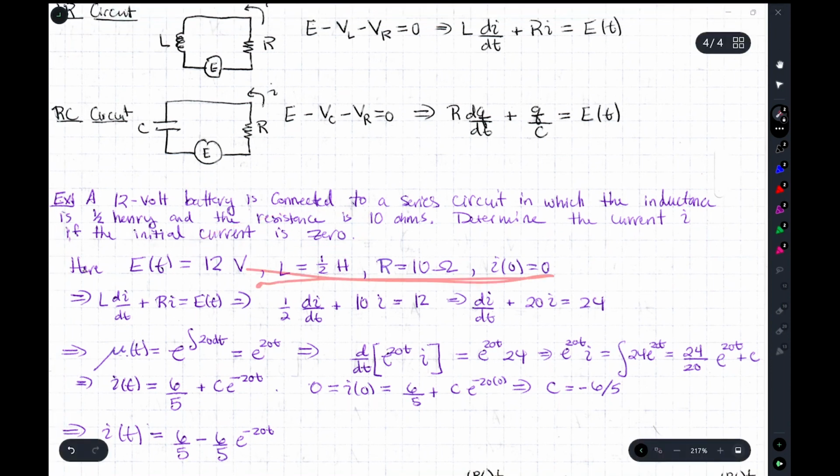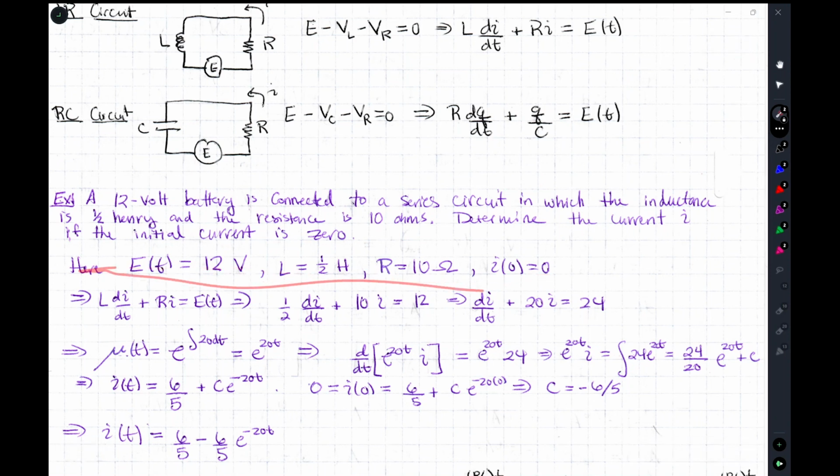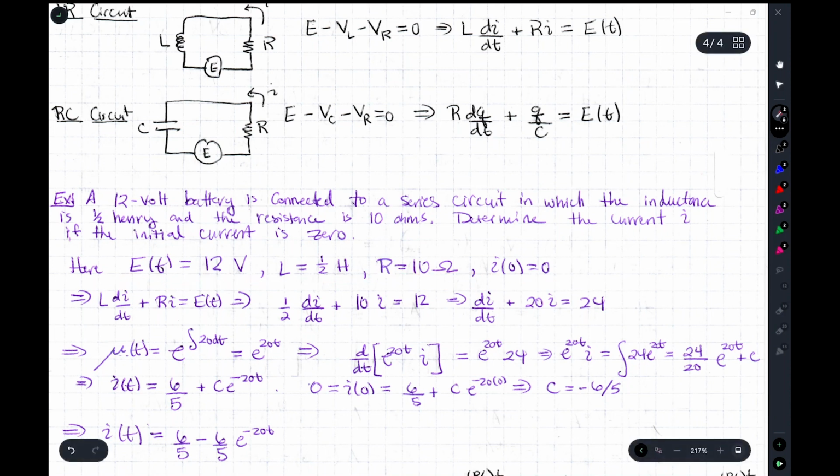Taking the word problem and writing out the parameters, we get these values here. And here's our differential equation. For L, we plug in 1/2 Henry, and I didn't write the units there to avoid a lot of symbols. R is 10 ohms. And 12 here is the battery, 12 volts.